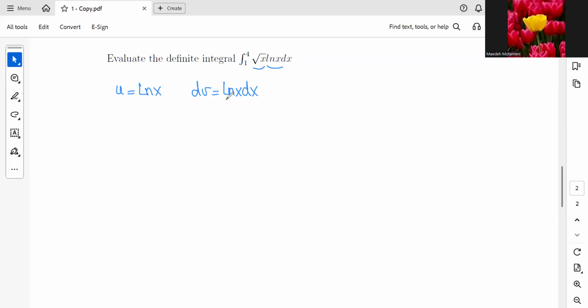You may think of using the table here, but if you do so, let's think of it. If we pick u as ln of x and this one as square root of x, so take derivatives. ln of x will have the derivative of 1 over x, and the next one will be negative 1 over x squared, then 2 over x cubed, and it goes on and on as different fractions with different powers, and it never reaches 0.